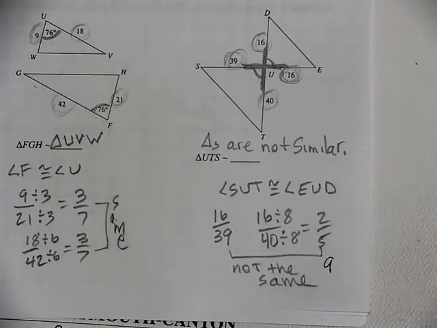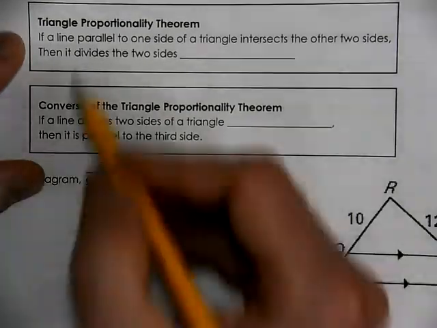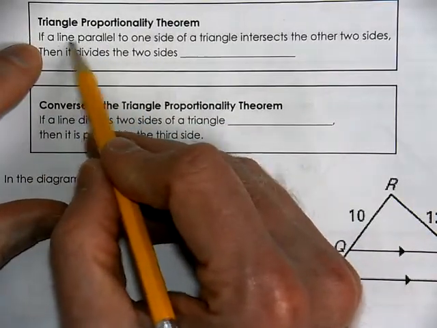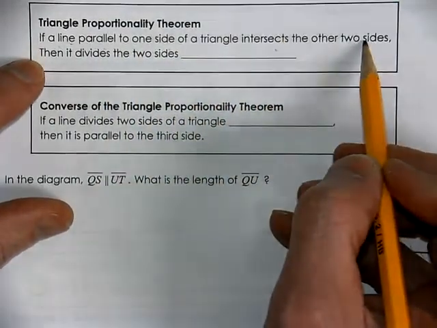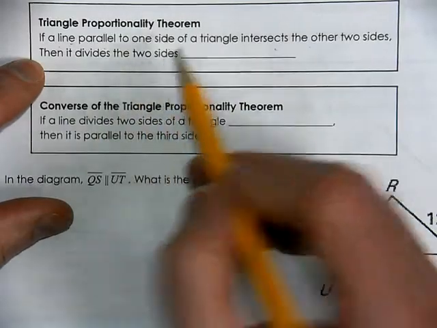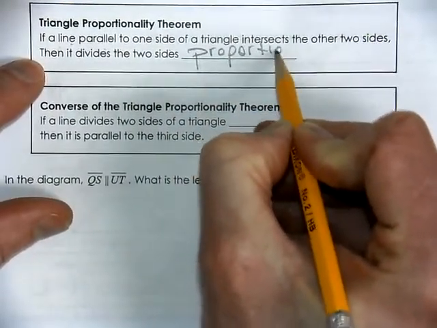Now on the flip side, we have the triangle proportionality theorem, and the converse of the triangle proportionality theorem: if a line parallel to one side of a triangle intersects the other two sides, then it divides the two sides proportionally.